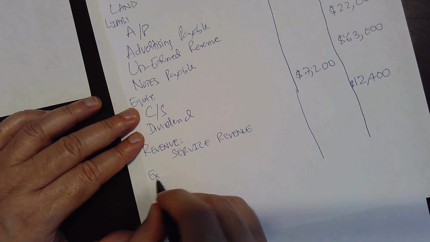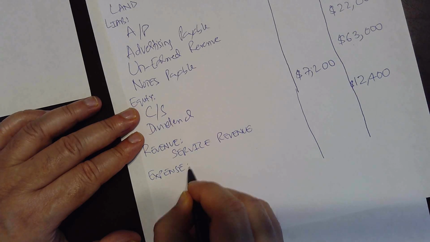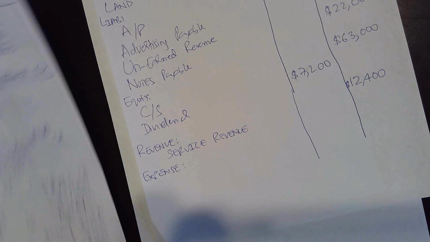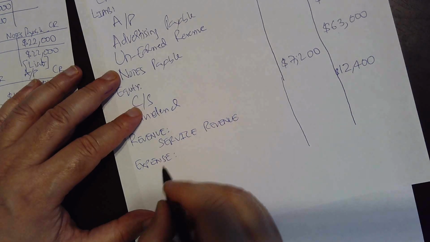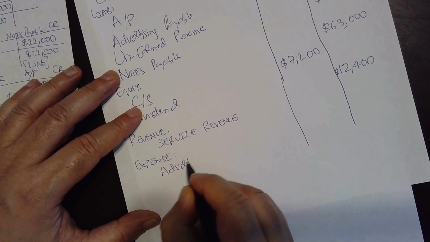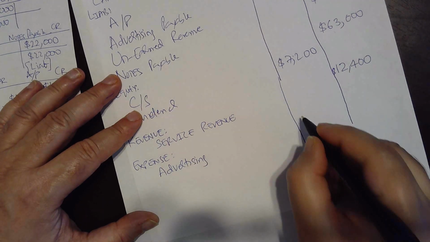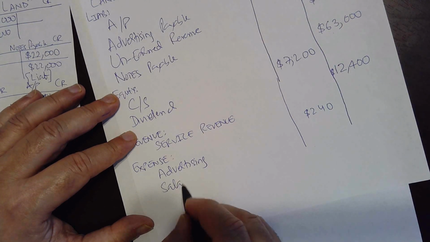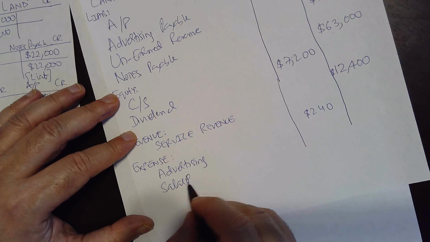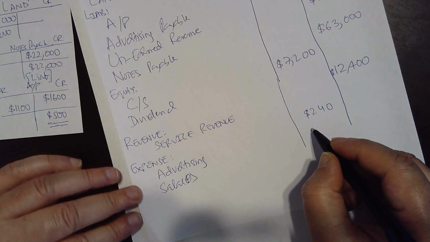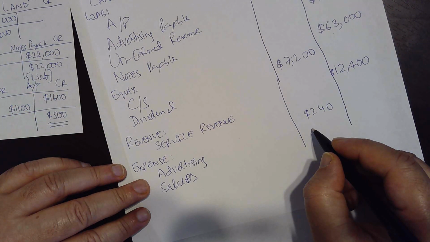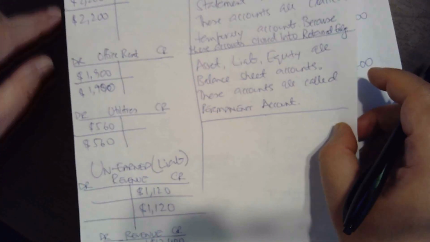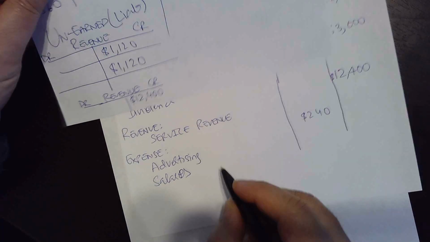Now we're going to put expense accounts. What expenses do we have? We have advertising expense, so we have advertising for $240. Then we have salaries, the salaries were 2,200.